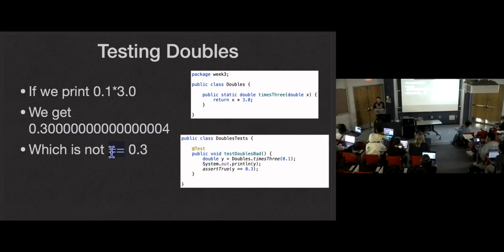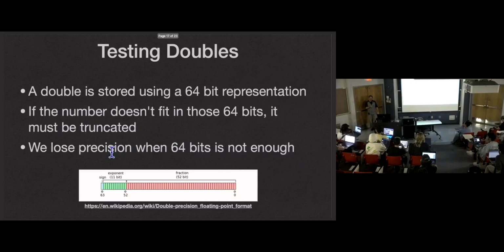Why does it do that? Oh, I'm glad you asked. Because of the way doubles are stored in the machine, the short answer is truncation errors. We can't fit 0.3 in a double the way that the computer represents it. A double is represented in 64 bits using this IEEE format. 1 bit for the sign, plus or minus, 11 bits for an exponent, and 52 bits for the fraction portion.